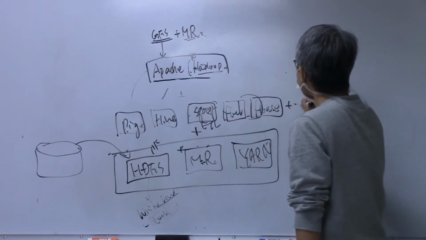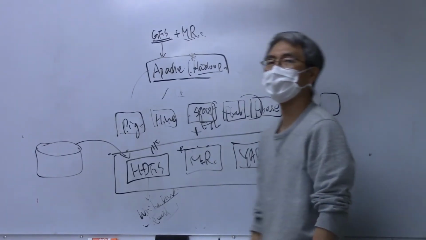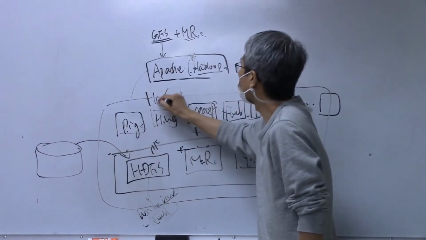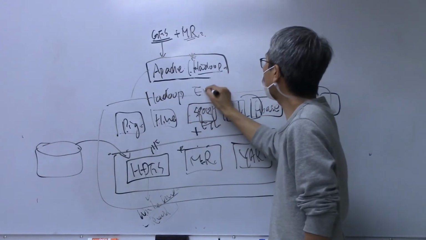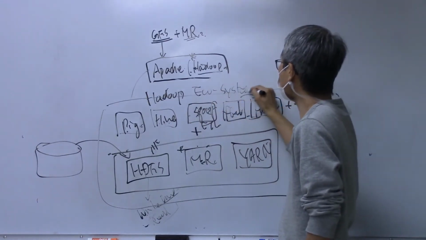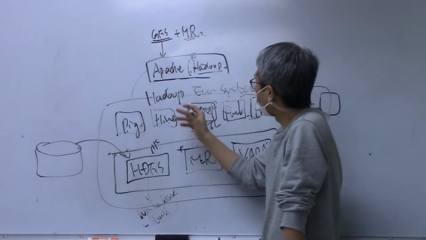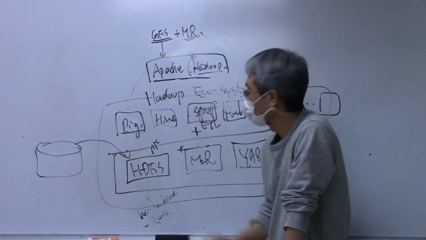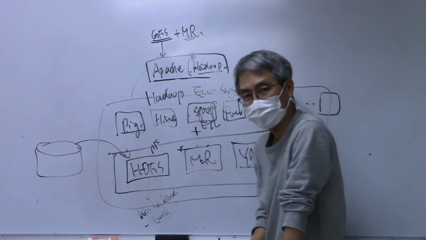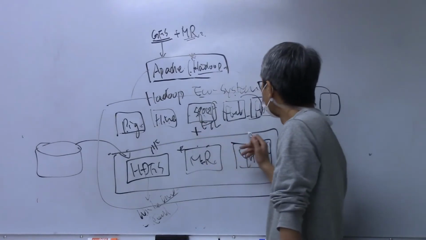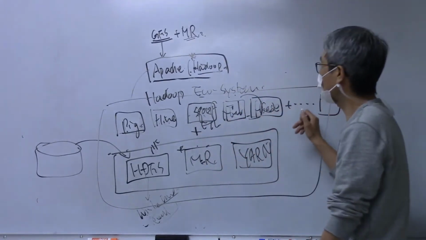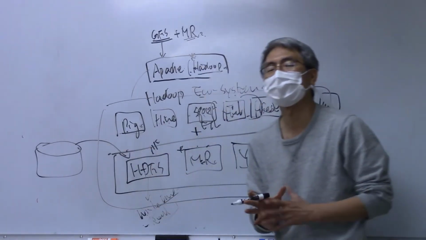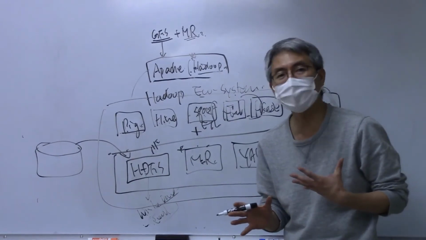And there are more and more software coming. So this one is called the Hadoop ecosystem. The reason why it's called the ecosystem is, as you can see, the names of the products are Pig, Hive, Sqoop, Flume, HBase. So their names are after animals a lot.